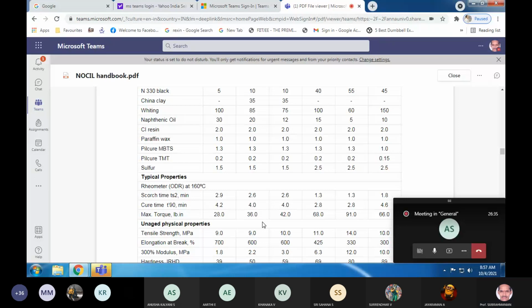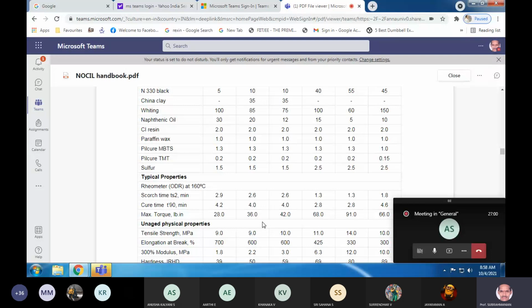One, short mixing time and more amount of mixing, that is clearly visible. And the third one is a clean system. And in open mill mixing, you know, very fine powders escape into the atmosphere.